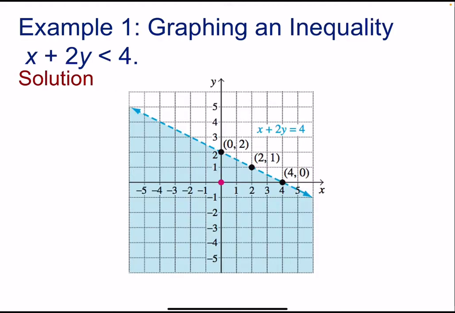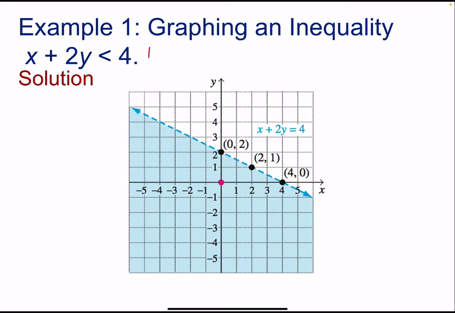Okay. Let's look at this example. We want to graph this inequality, x plus 2y less than 4. Basically, we want to plot the solution set of this linear inequality in two variables. So what does this mean?